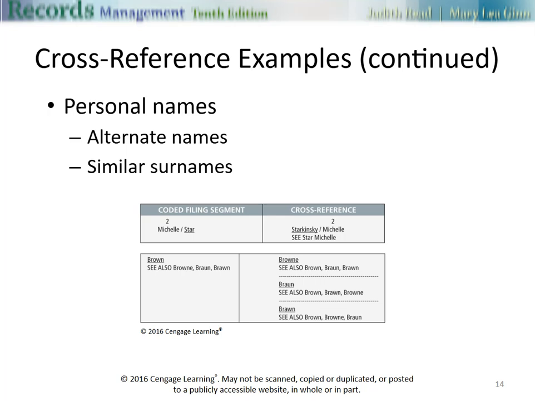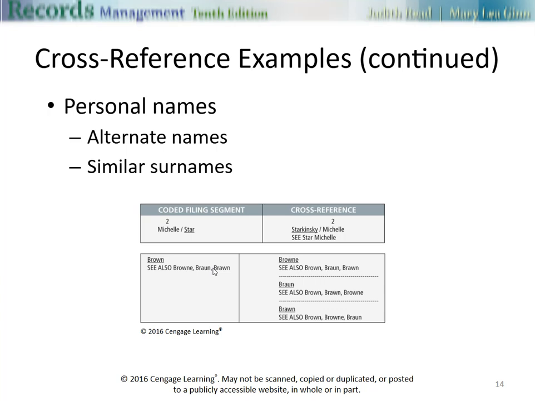And another common reason why we use cross-references is when people have similar sounding last names that could be easily confused. So if you're working in maybe a medical office or HR department, and you have several clients or employees with last names like Brown, Browne with an E at the end, Braun, or Brawn, they all sound nearly identical, but each one is spelled a little differently.